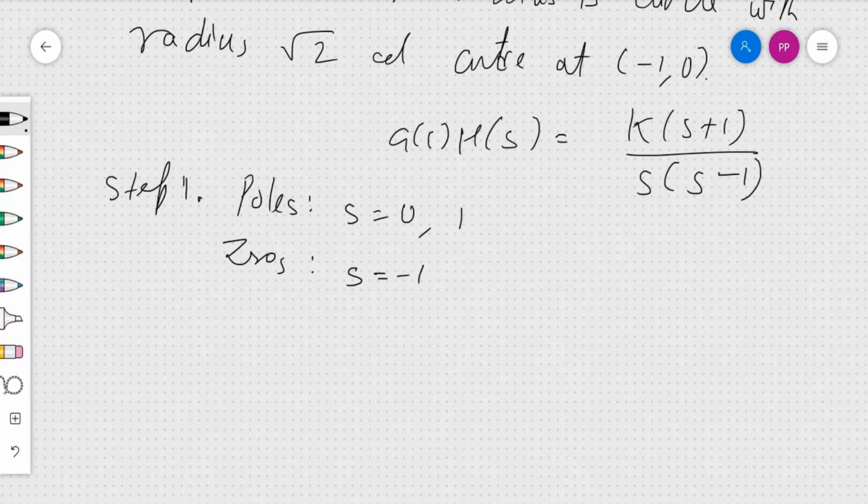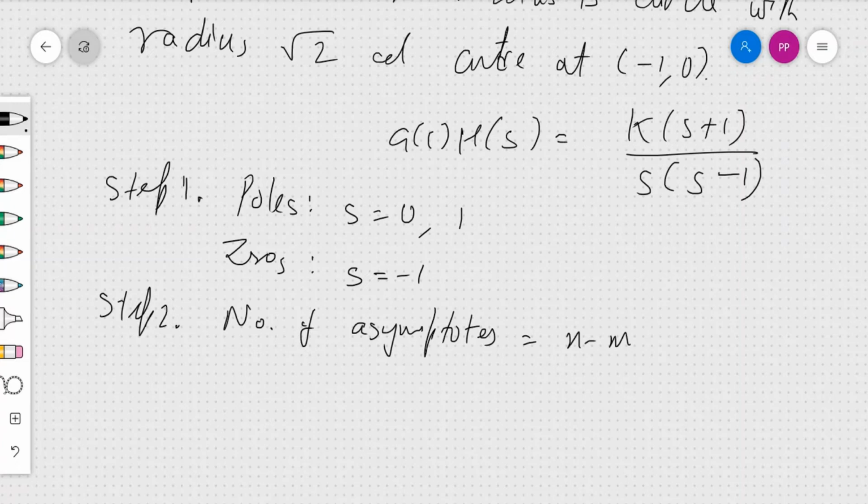So step 2, the number of straight line asymptotes is equal to n minus m, which is 2 minus 1 equals 1. So there is only one branch of the root locus that will terminate at infinity, or K equals infinity.